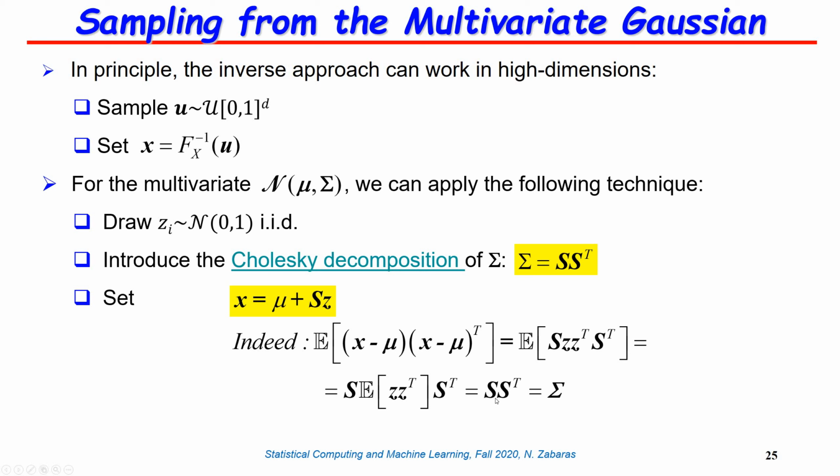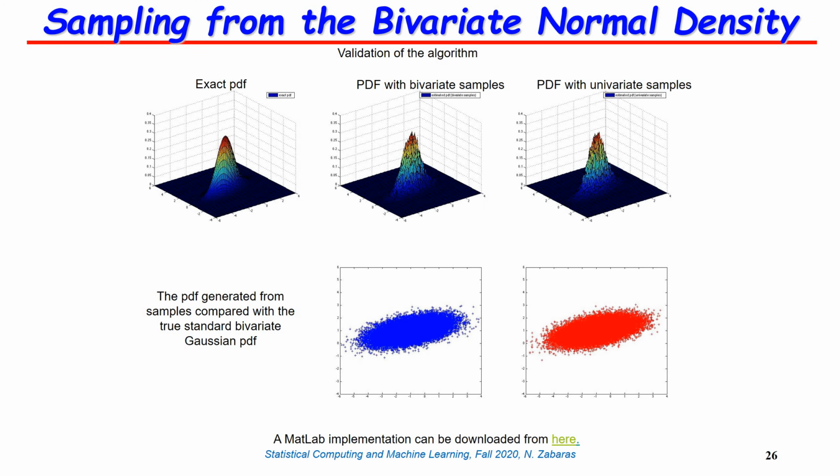So this is I, then I have SS transpose, and this is equal to sigma. So the covariance of the generated X, these samples, is sigma. So we have mean mu, so these X's are samples from the multivariate Gaussian with mean mu and covariance sigma.